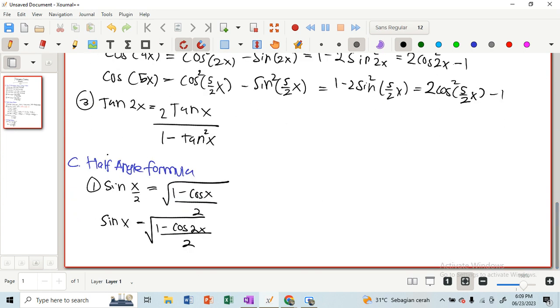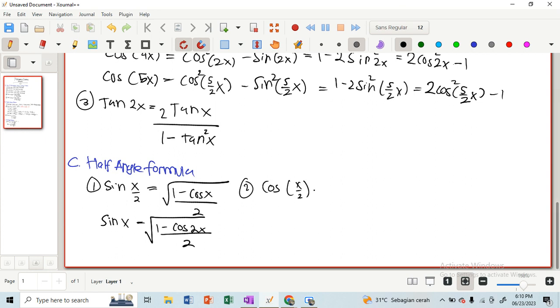But for the half angle formula, you write the right-hand side with the angle double the initial angle. So if you choose x divided by 2, then the double of it is equal to x. If you choose sine of x, the double of it will be cosine of 2x. Okay.